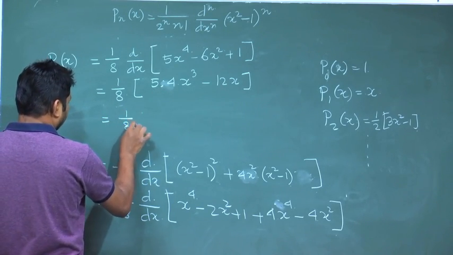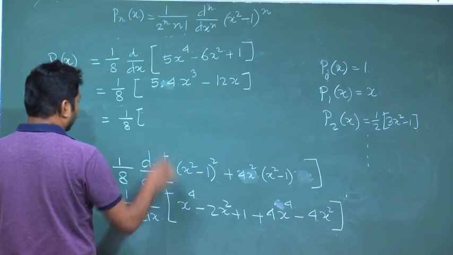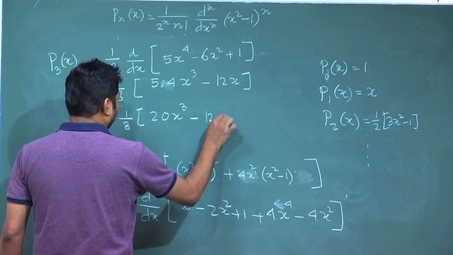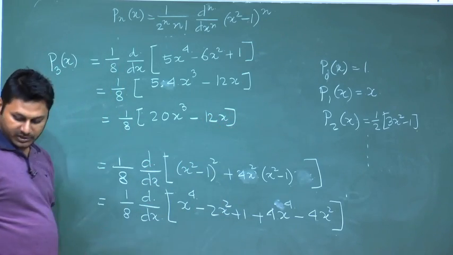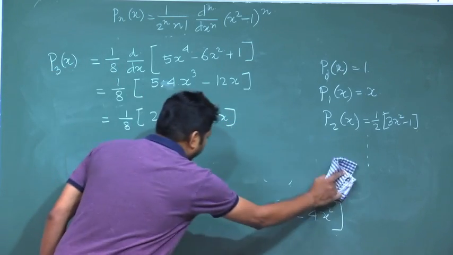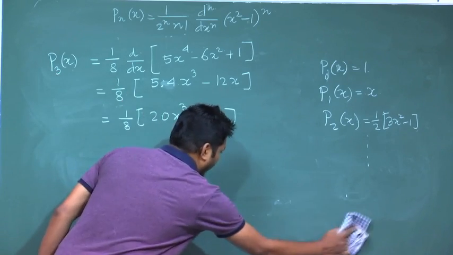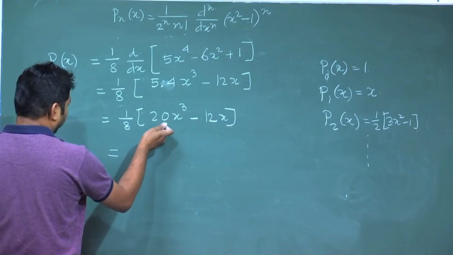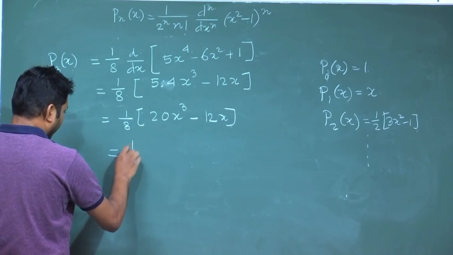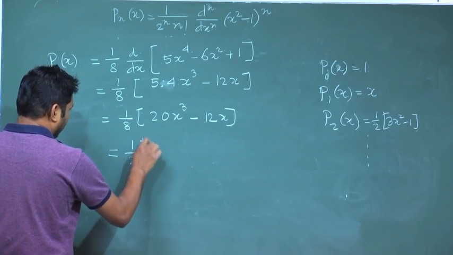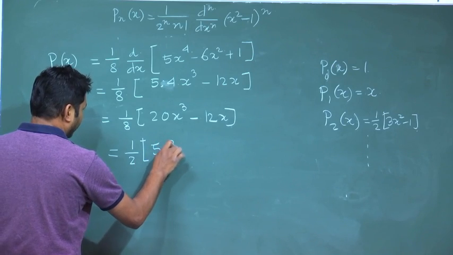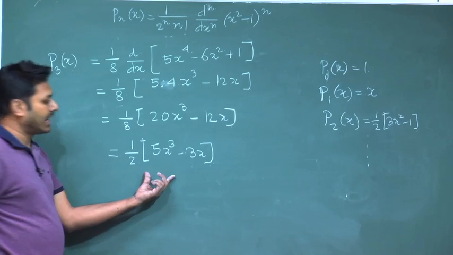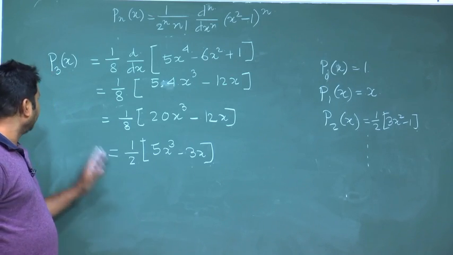Let me write it: this is 20x³ minus 12x of this. So we have already got the polynomial, but next I need to reduce a bit. If I take 4 common, I will have half of 5x³ minus 3x. Still I have a polynomial of higher order, and this is the form of P3.